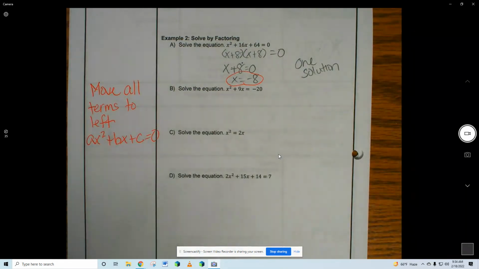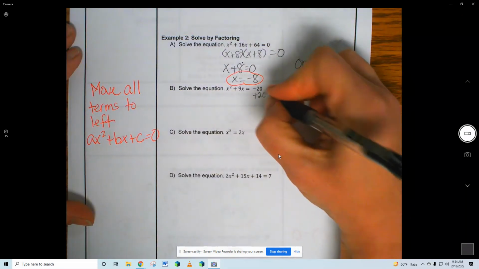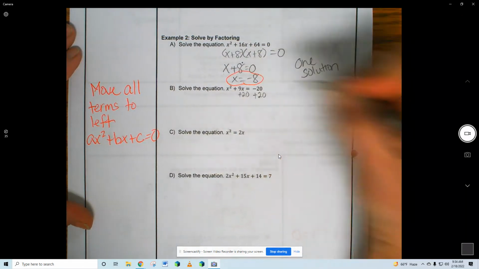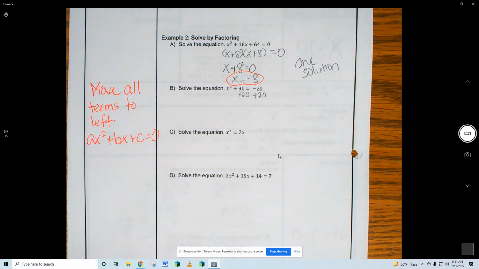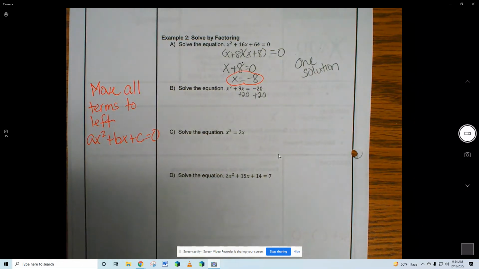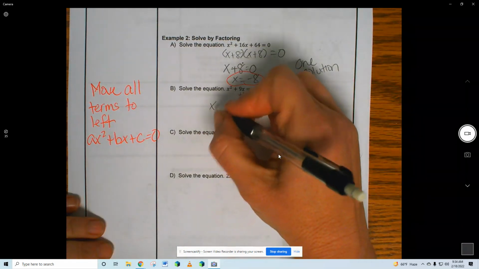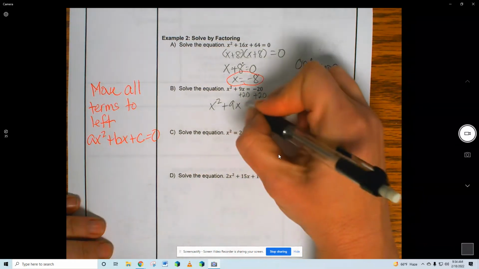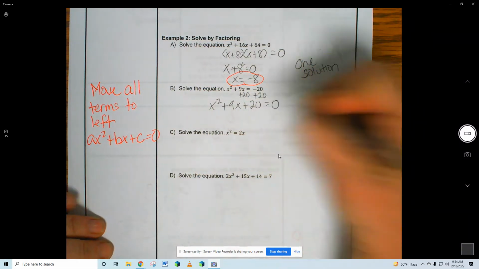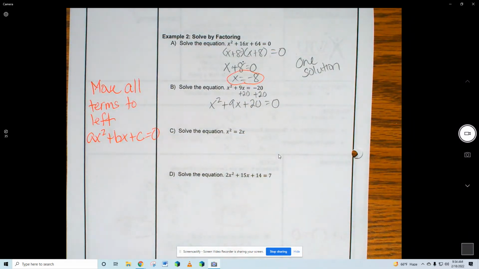I cannot put it with the 9. Why can't I put it with a 9? Because 9 has an x and 20 does not. X squared plus 9x plus 20 equals 0. Now I can factor.